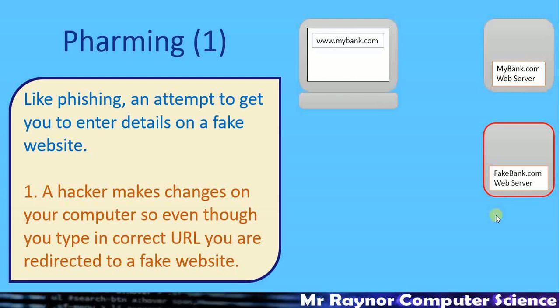Okay, but in pharming, what happens is a hacker or a virus or something that's on my computer leads to, although I'm typing in the right web address, it getting directed to the wrong website. So again, slightly cheesy example, but instead of going to mybank.com, it's gone to fakebank.com, which may look exactly the same.